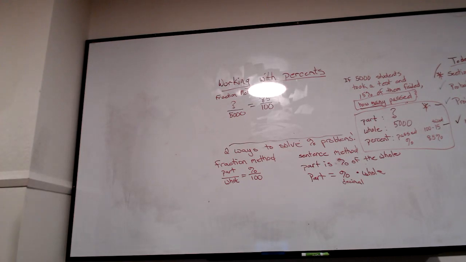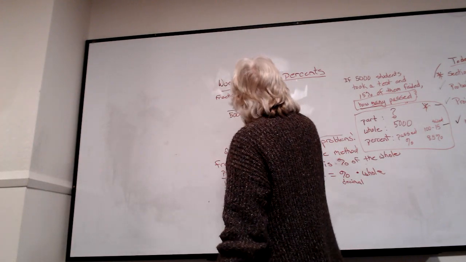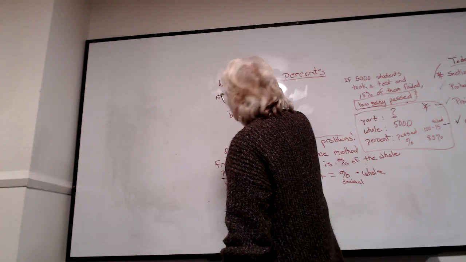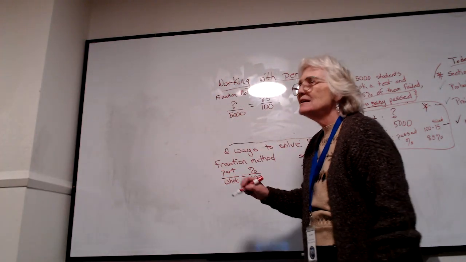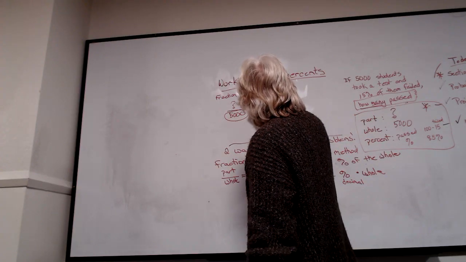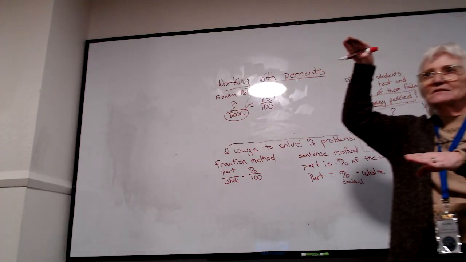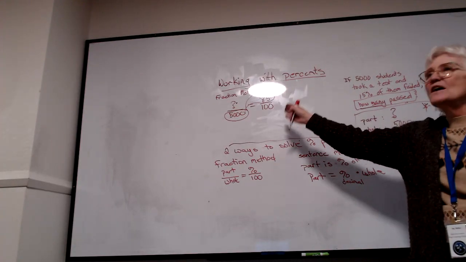Then the quick way to solve this, so this is the question mark, right? You multiply this number times this number, the opposite numbers, and then you divide by 100.